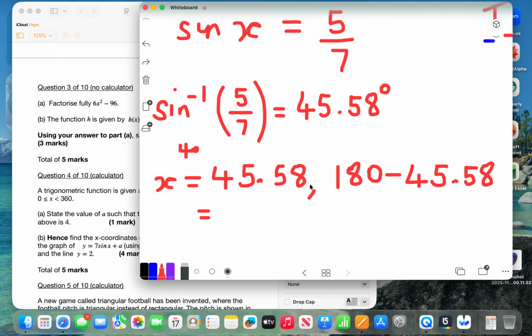So this solution is the fourth mark, and to get the last mark, all you have to do is evaluate the other solution, and that is 134.42. And that's the last one.